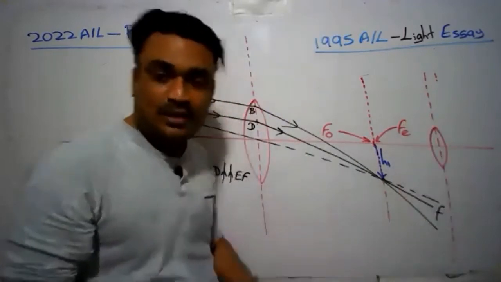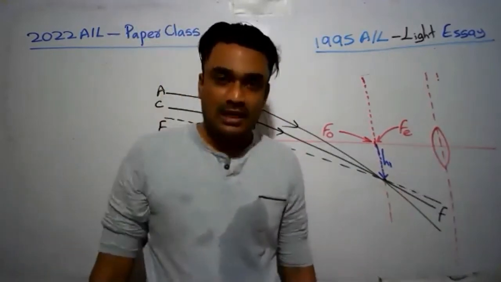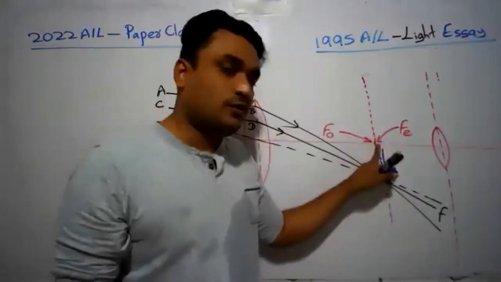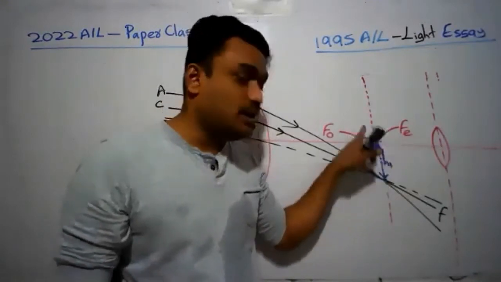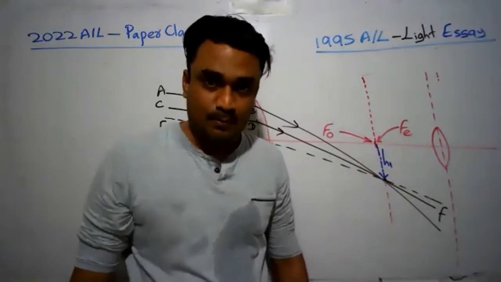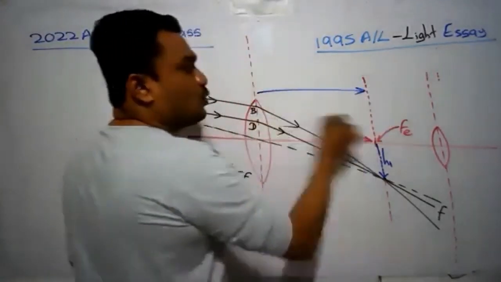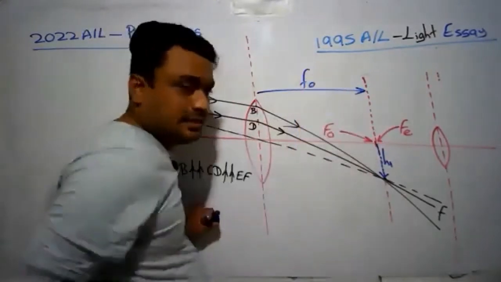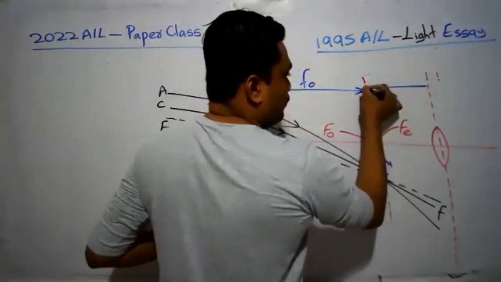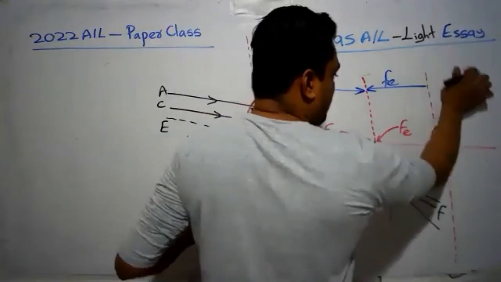What's the theory here? When a telescope is in normal adjustment, the focal point of the objective lens and the focal point of the eyepiece lens should be at the same point. Therefore, this distance is equal to the focal length of the objective lens, and this distance is equal to the focal length of the eyepiece lens, FE.